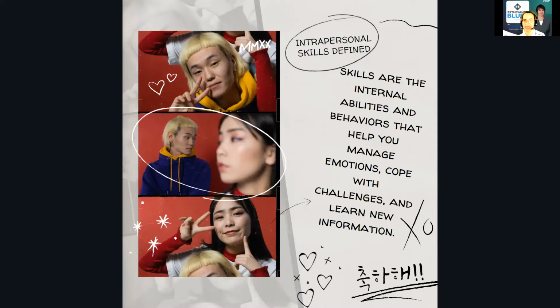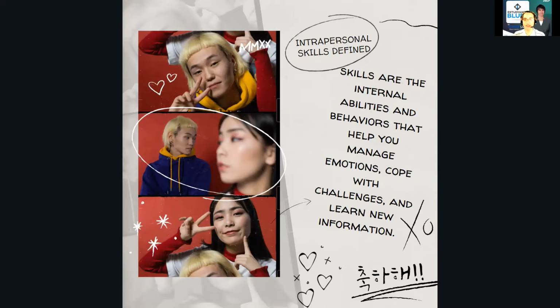And all of these intrapersonal skills, the skills that we are capable of and very good at, help shape our behavior, our way of managing our affairs, our emotions, our coping skills, the way we handle our problems, the way we deal with new situations in life, and basically the way we handle ourselves in our various affairs.